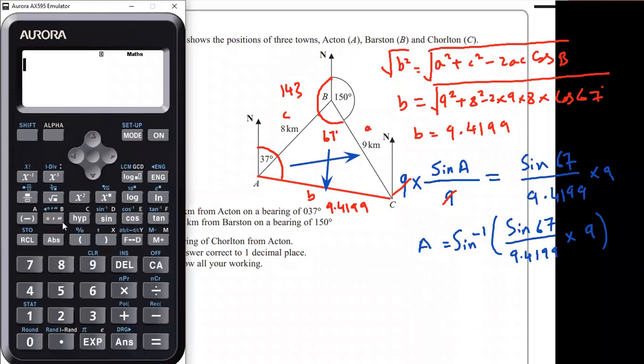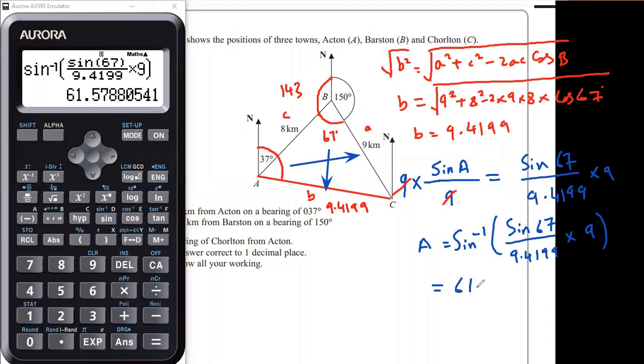And if we type this in, first of all, we start with shift and sine inverse, then the fraction, sine 67 over 9.4199 and times 9, and close this bracket, and this will give me 61.557 and so on.